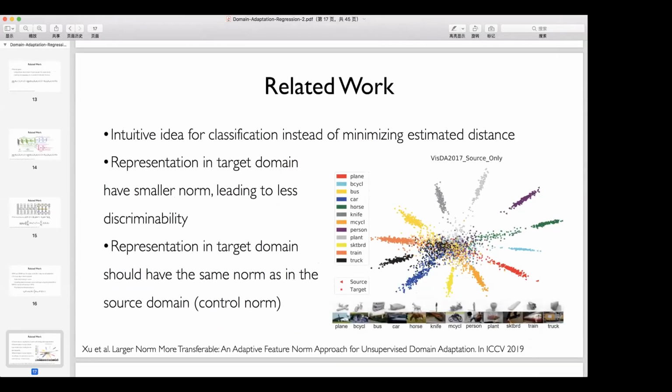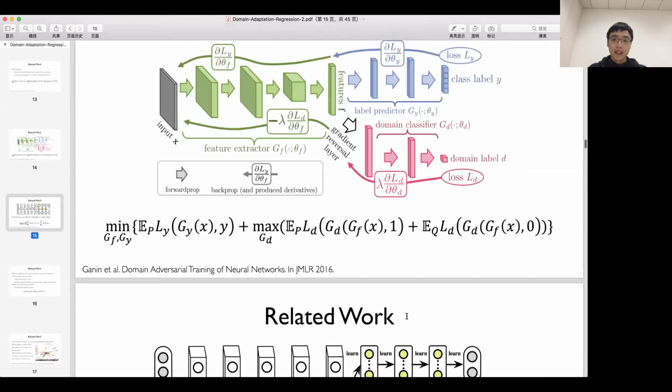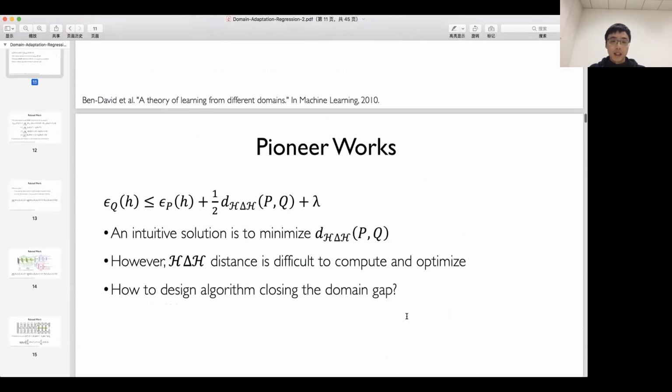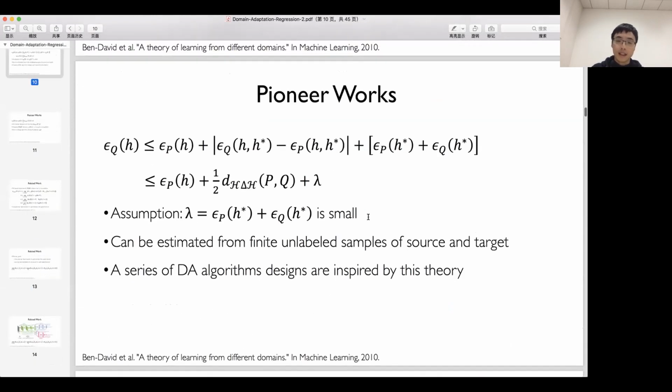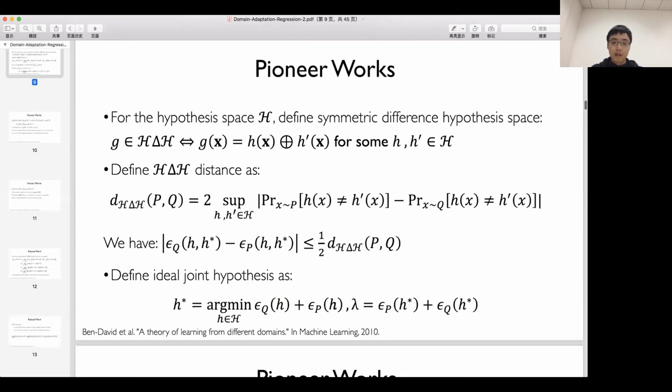What is lambda? Is it just a threshold? It is the ideal joint hypothesis. In the definition of Ben-David, he assumed that it is a small constant. It means that we can find a hypothesis in hypothesis space H to classify the source samples and target samples correctly.